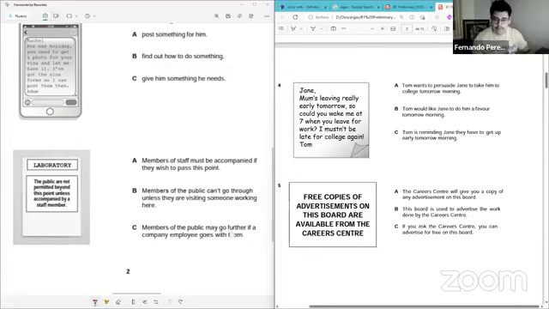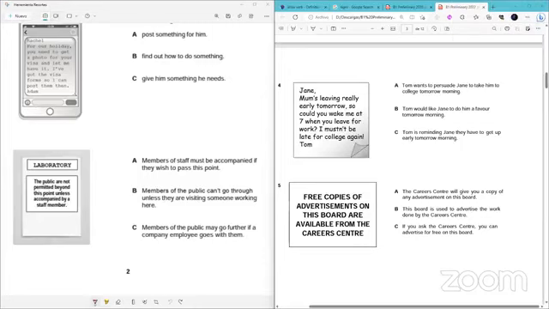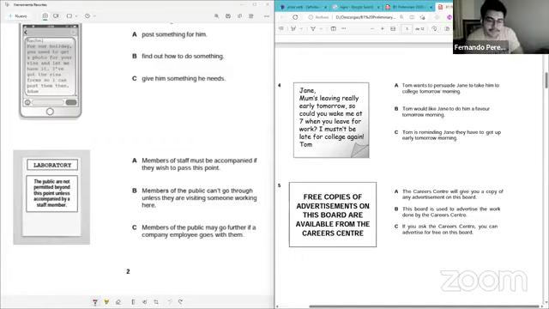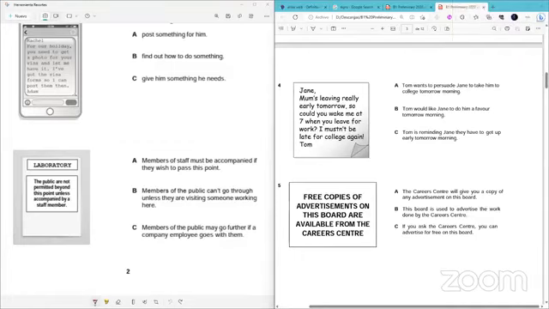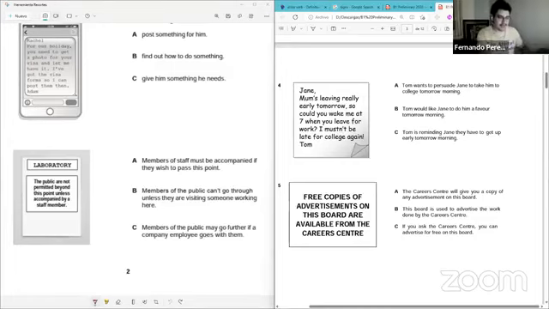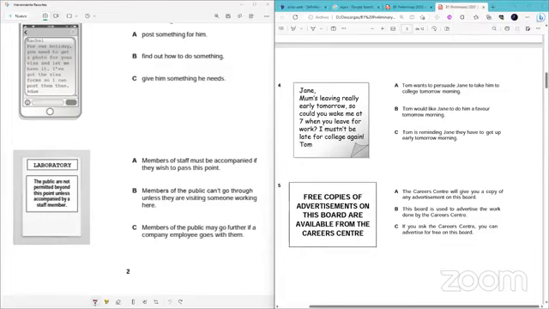Okay. The auxiliary may is the auxiliary for permission. Excellent. If you understand, may I go to the bathroom? The answer is yes, you may.